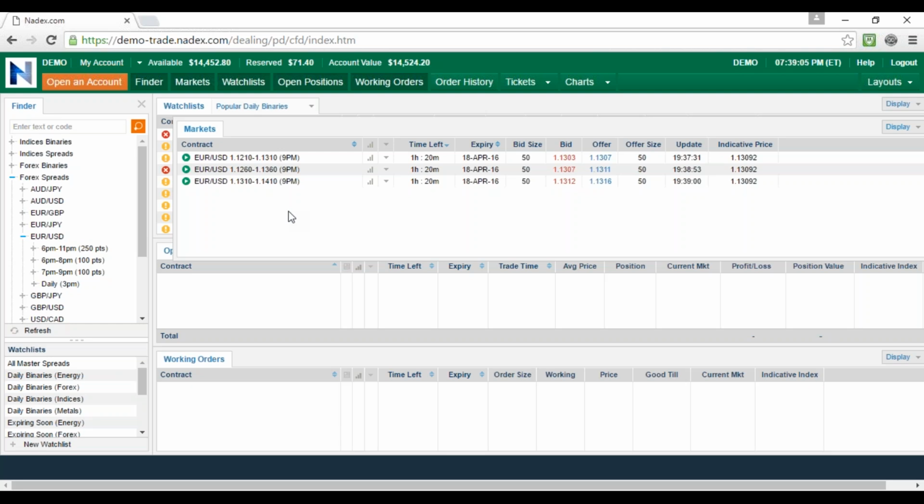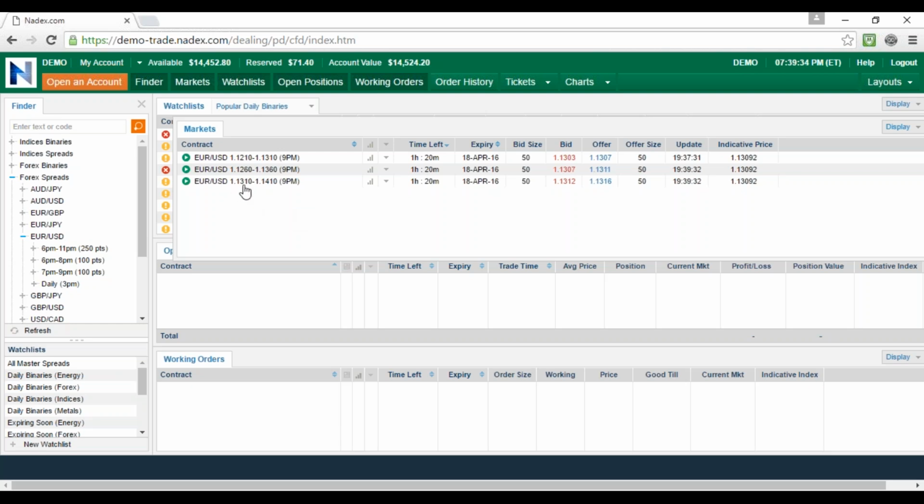Without looking at a chart, and I don't have a chart in front of me, these euro-dollar spreads opened up at 7 p.m. They opened about 40 minutes ago. Who can tell me, just by looking at this page, where approximately was the euro-dollar at 7 p.m. Eastern time? Don't look online, don't look at a chart. Who can tell me? Yep, Phyllis got it.